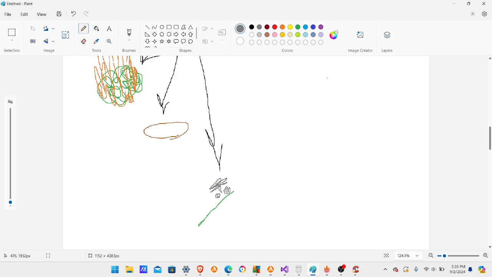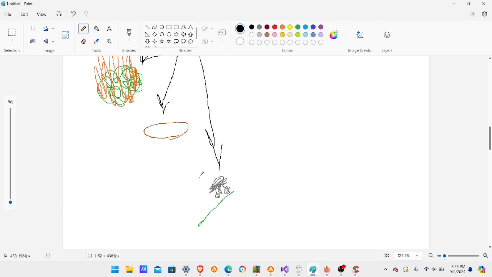Okay, that kind of looks like a car. You can see it, right? So let's say at the top of the hill we have a car, and this car is in park.